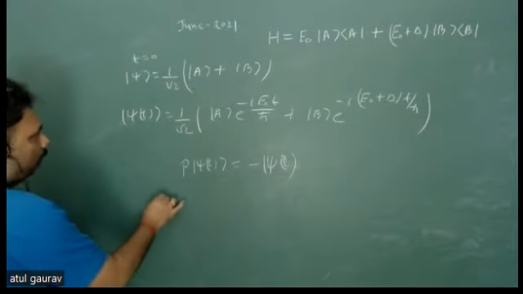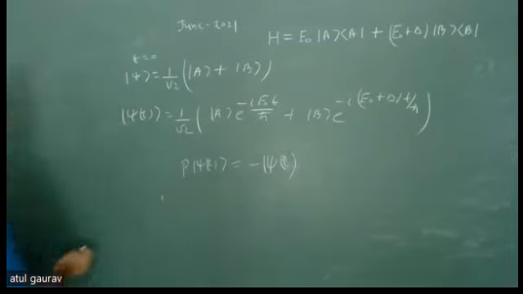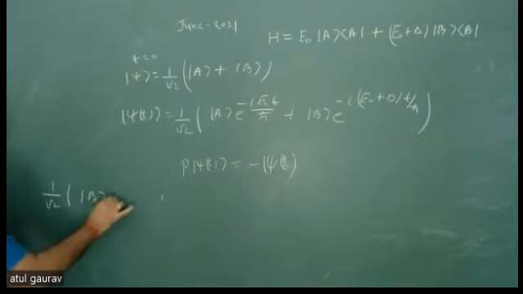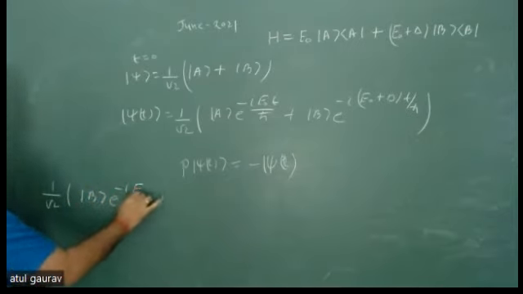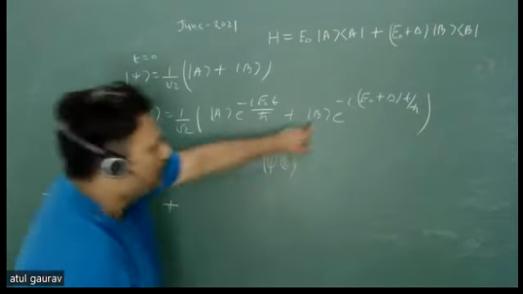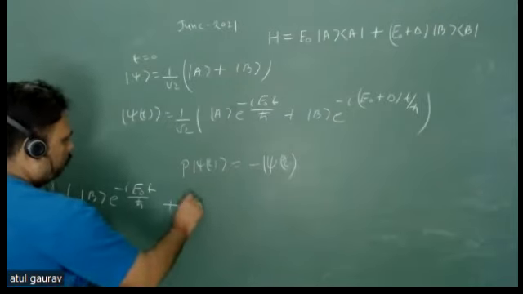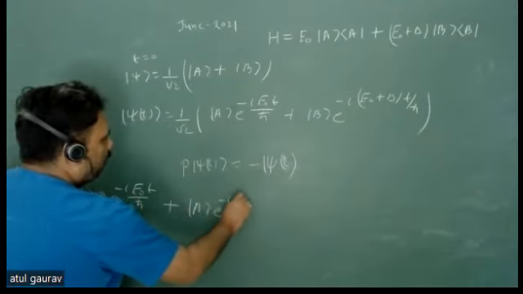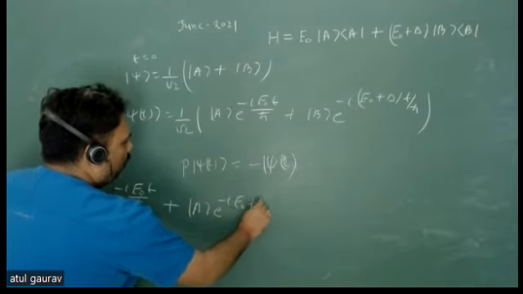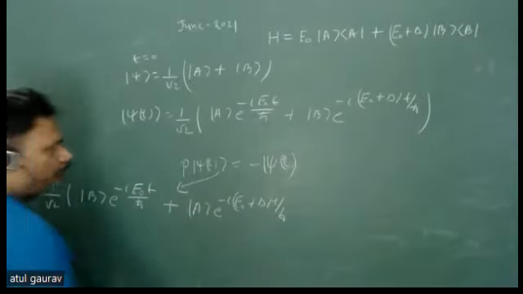What will happen if we operate P here? I am just using this space also. This will change into b |a> e to the power minus i E0 t upon h cut plus, this will change to a |b> e to the power minus i (E0 plus delta) t upon h cut.